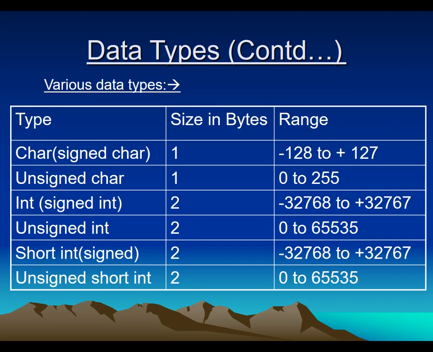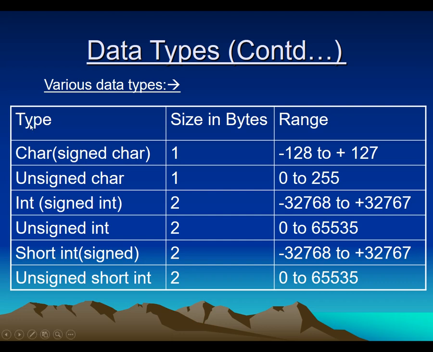Now integer, character, float and double are the basic data types. These are not the only data types available in C, but there are extended data types available in C also. That means many more data types are available in C, like character, signed character, unsigned character, integer, signed integer, unsigned integer, short integer, unsigned short integer.